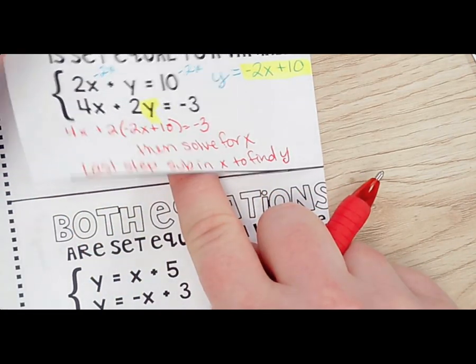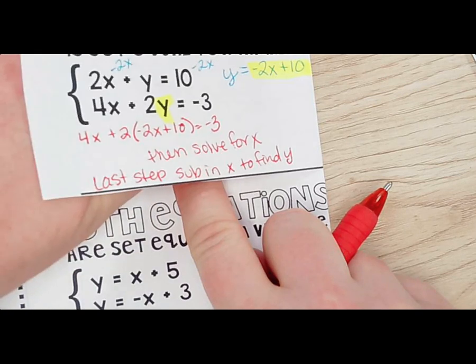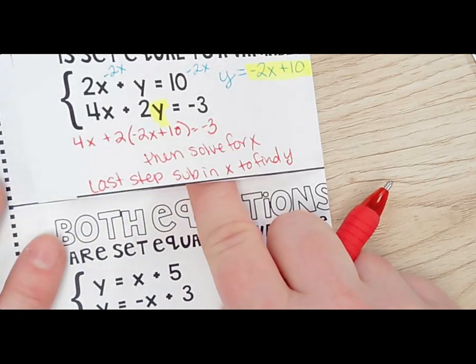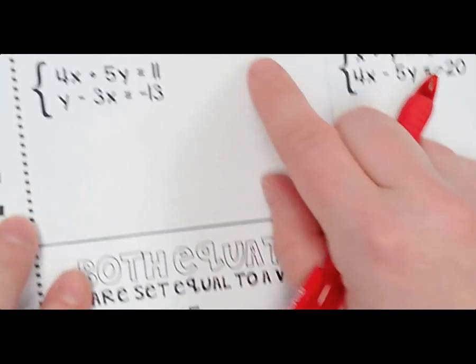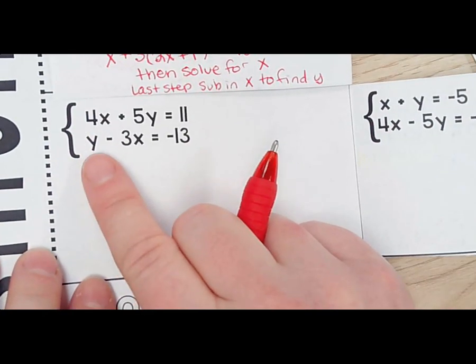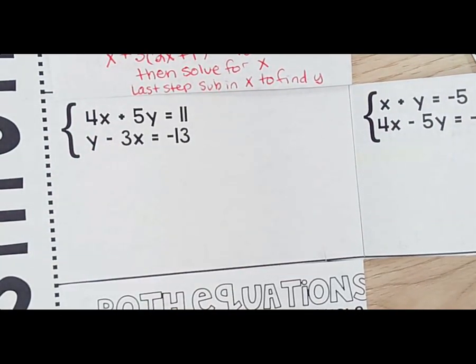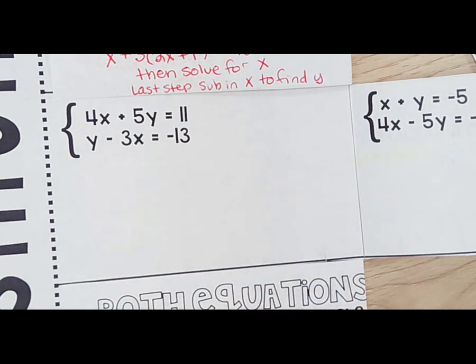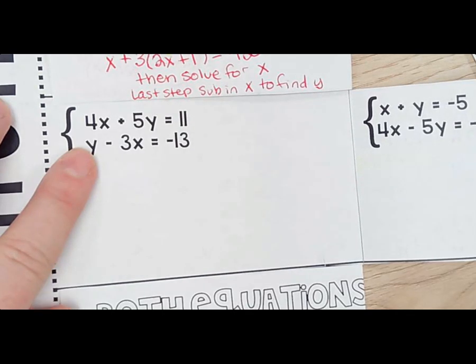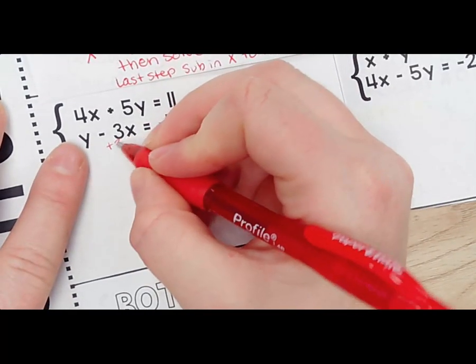Okay, so let's do one of those on the inside. We'll see if we can get both of them. All right, let's look at these. We have 4x plus 5y equals 11 and y minus 3x equals negative 13. So think about which one would be easiest to solve for one of the variables. The bottom one, so how do we do that?